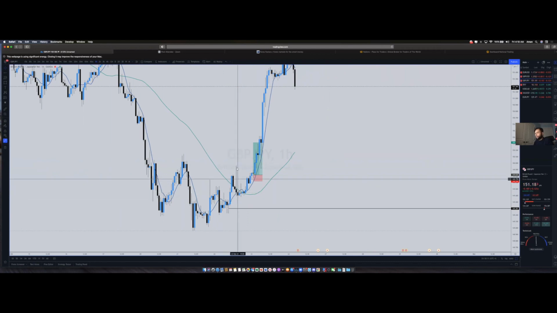So after this area was filled, I was like, okay, we are underneath the 8 and the 65. So now these next few candles are going to decide whether we take longs or shorts on this pair.